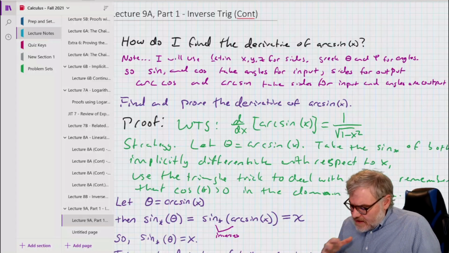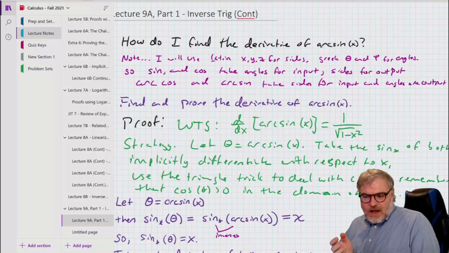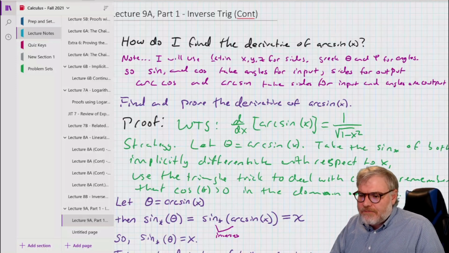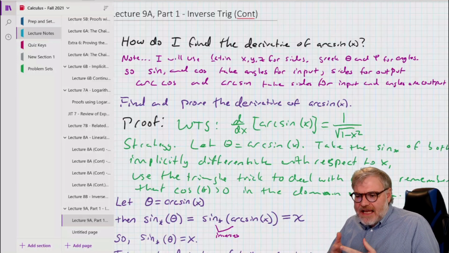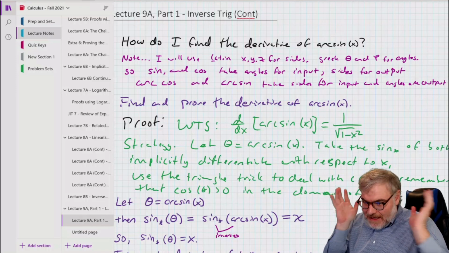Okay, so that's one of these little things, right? Sine takes an angle and gives me back a distance around the unit circle, and it gives me back the length of a side. Okay, that's how I'm going to think about it in my head.